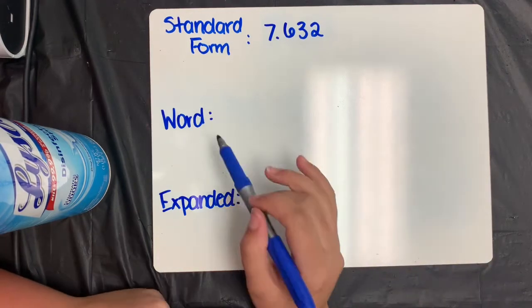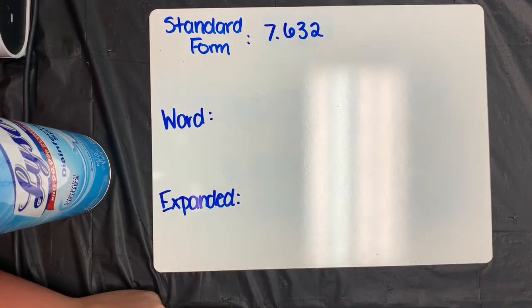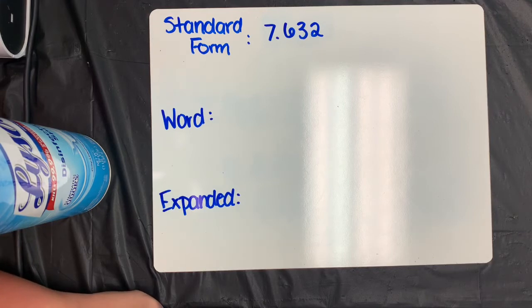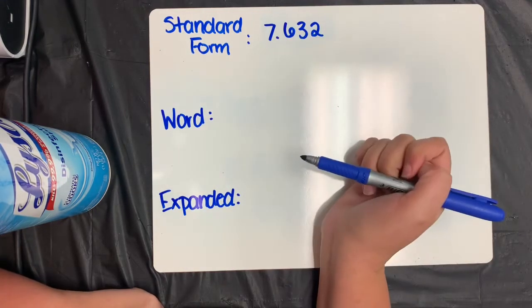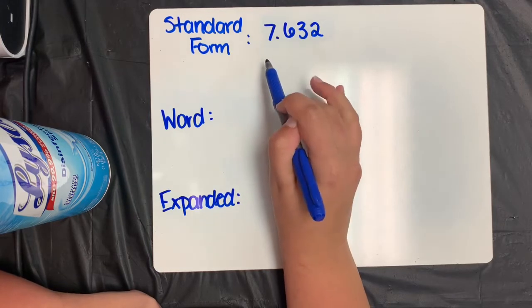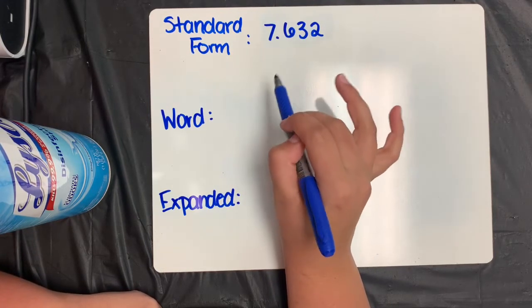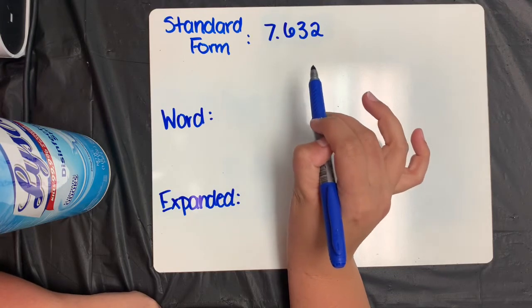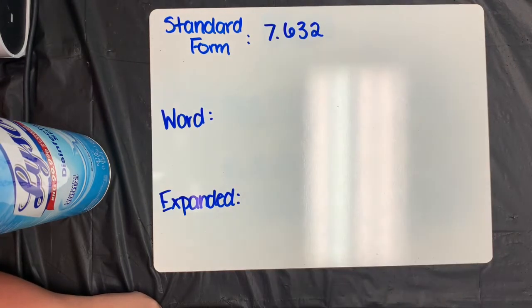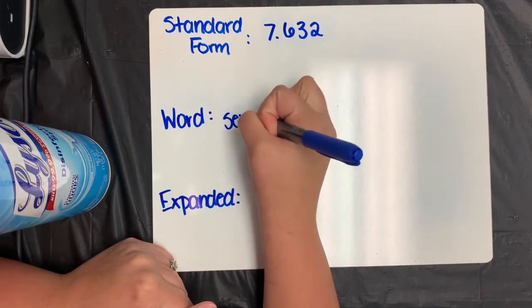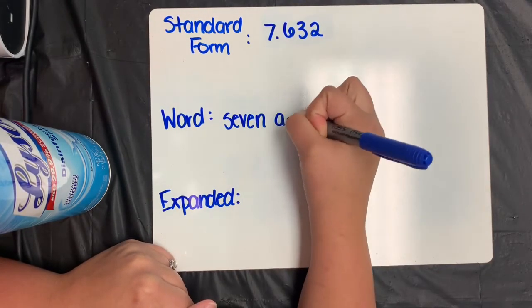So, in order to do word form, we just write it exactly the way that we say it. And that's why we practiced with so many of those numbers saying them yesterday. So if I wanted to say this number, I would say 7 and 632 thousandths.